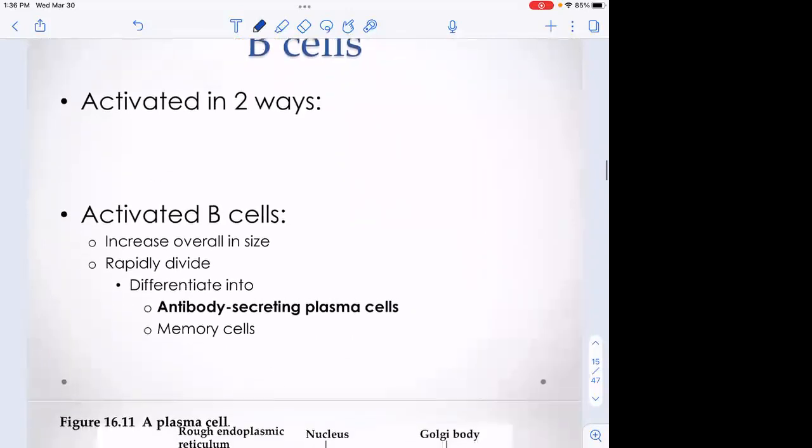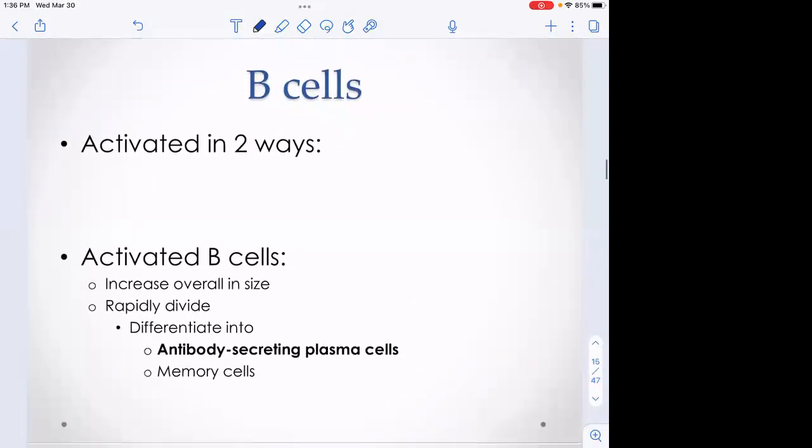So a little bit more about B cells in general. We'll mention here very briefly how they are activated, but we're going to come back to this later. They can either be activated by the antigen themselves, not needing any other stimulation, so we say that it is independent of T helper cells.